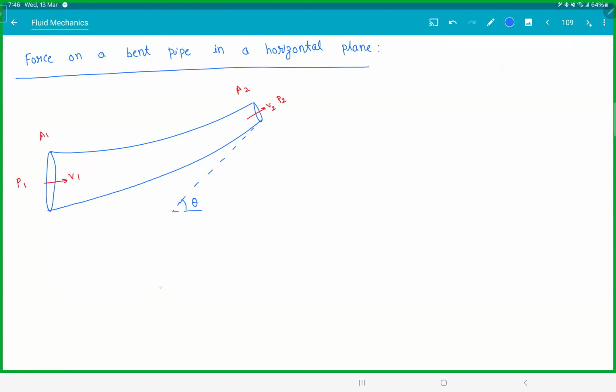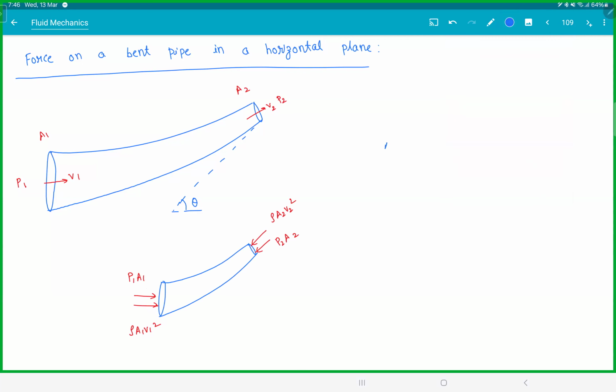So on this, the forces will be pressure into area, P1 into A1, and also the water jet's force, rho A1 V1 square. This will be rho A2 V2 square, the water jet's force, plus the pressure P2 A2.